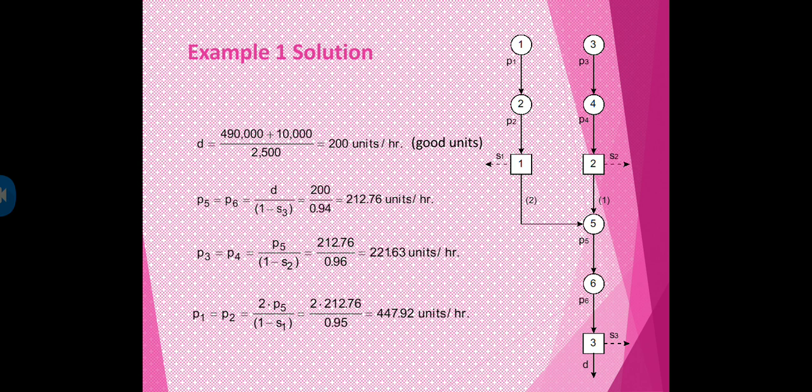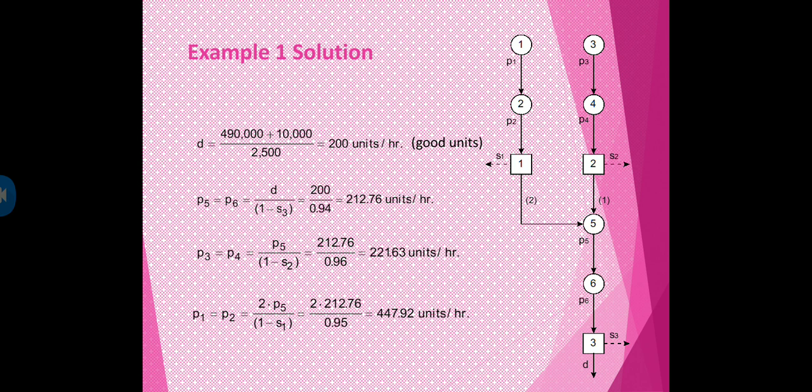When we put the value of S3, we obtain 0.94, so 200 is divided by 0.94, and we obtain 212.76 units per hour. That is the production rate of P5 and P6. It means unit 5 and unit 6, right?